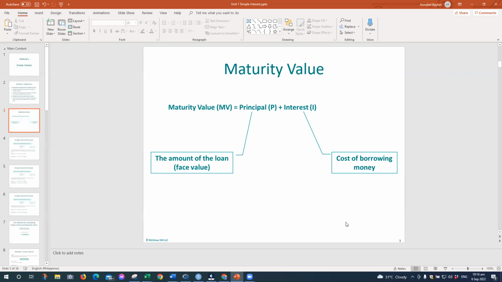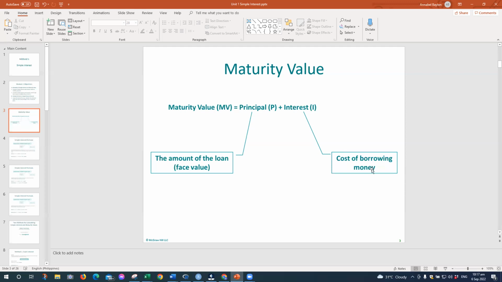What we're looking into is a financial transaction where you borrow money or you invest your money, and then that money either has a cost, when you're borrowing money, or it has growth, when you're investing the money.